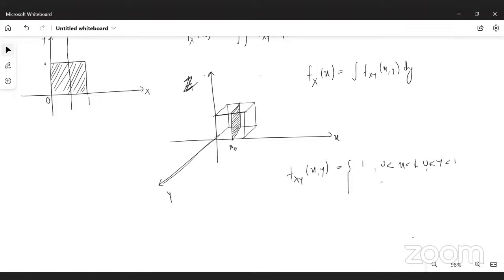Okay, right. So you can see that your x is fixed, but your y is varying. This part, you have to take this whole y, correct? And this is varying from 0 to 1.